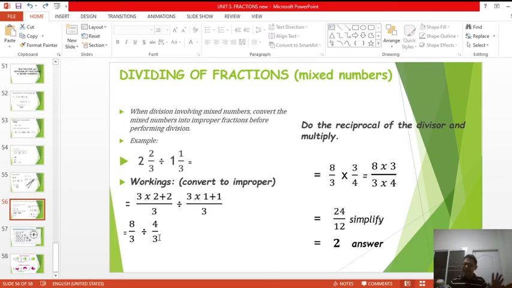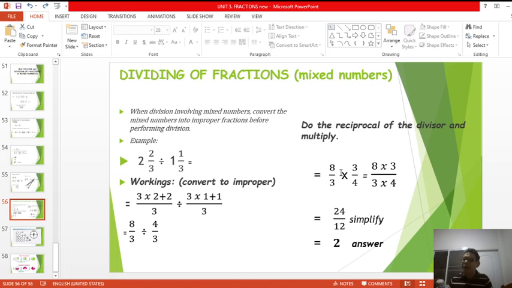Now, look at this. Remember, what we end up with now, we have a division sign. So, apply the rule that I showed you in the earlier part. What we're going to do is change the mathematical operation from division into multiplication. So, copy the dividend first. Put the dividend, 8 over 3.